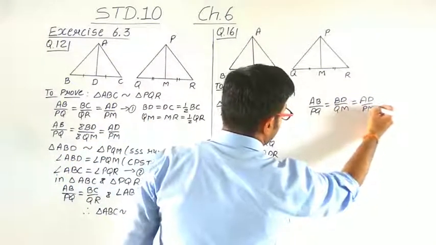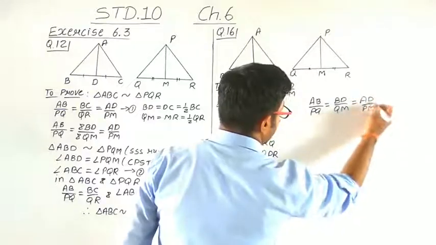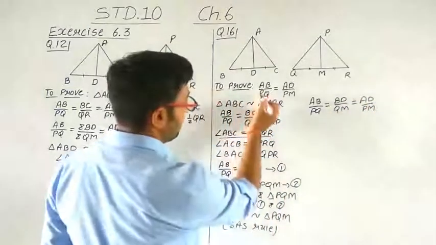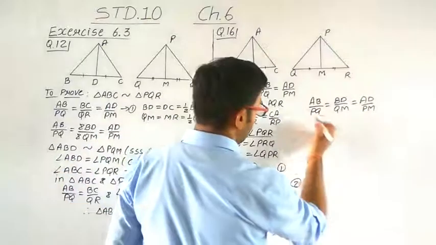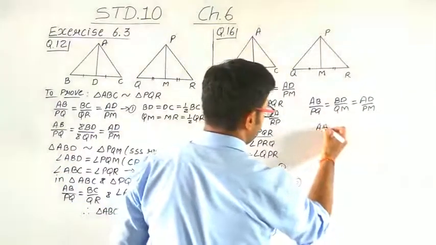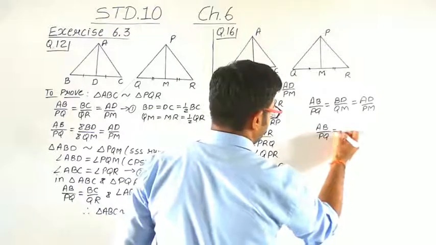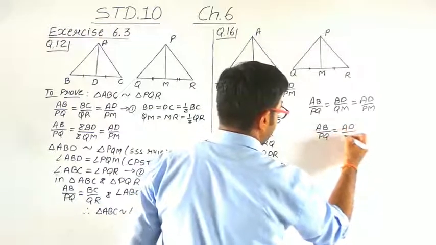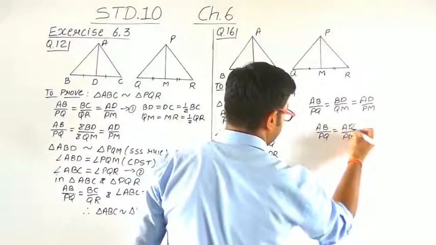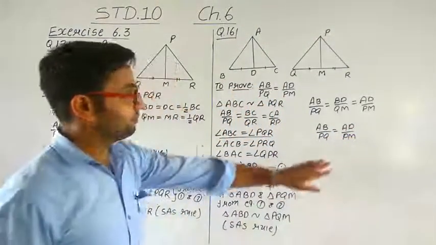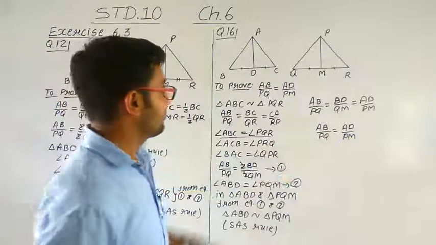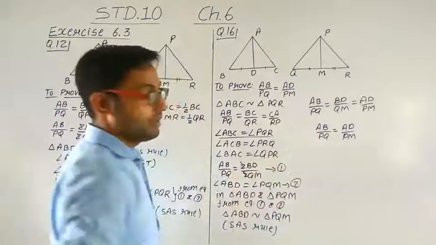What we have to prove is that AB upon PQ is equal to AD upon PM. So out of these three, we can take two conditions, that is AB upon PQ is equal to AD upon PM. So in this way we can prove this type of sum. So this is proved, what we had to prove here.